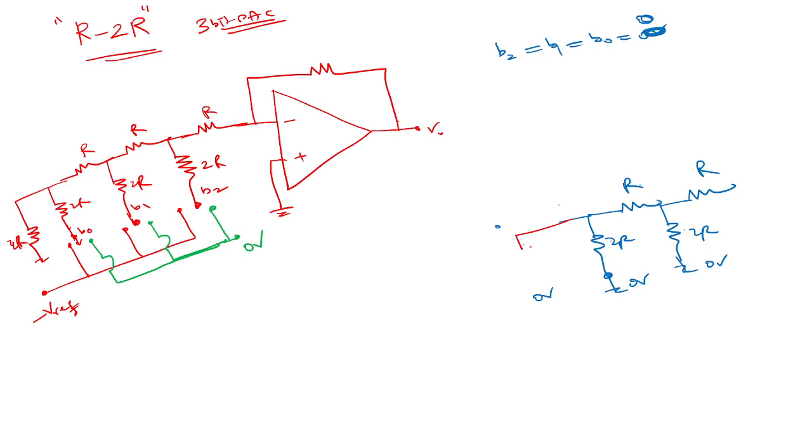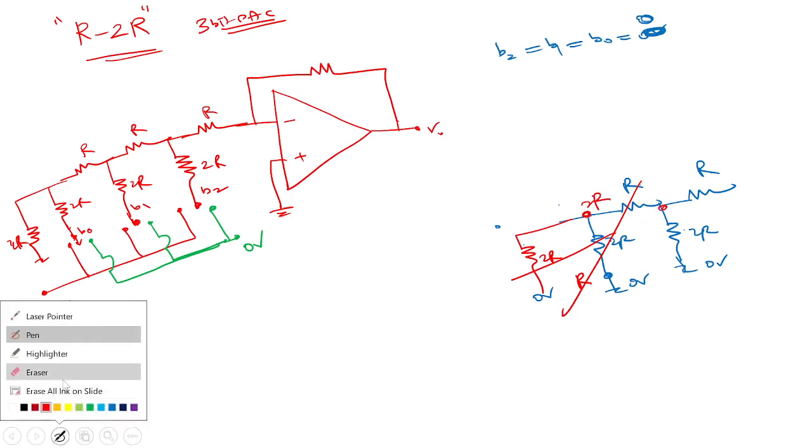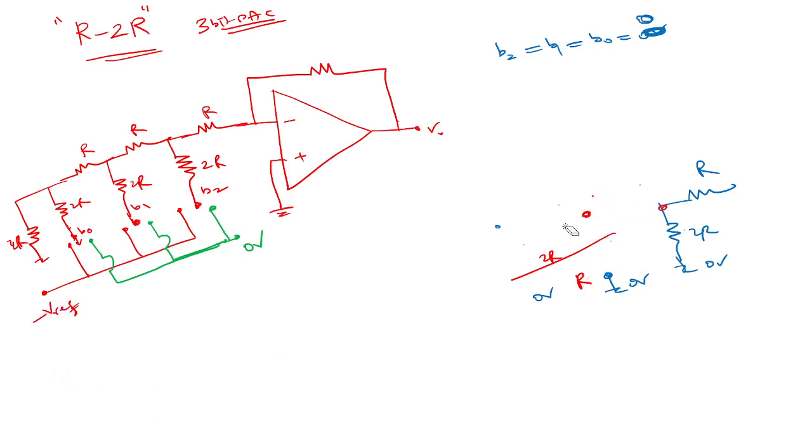So this is again 2R. Now what is happening? 2R, 2R in parallel, so you will get R. R, R, 2R. This 2R and this 2R is again R. Effectively, the entire network when B2, B1, B0 is 0 is giving R. So from this node, you look at this.